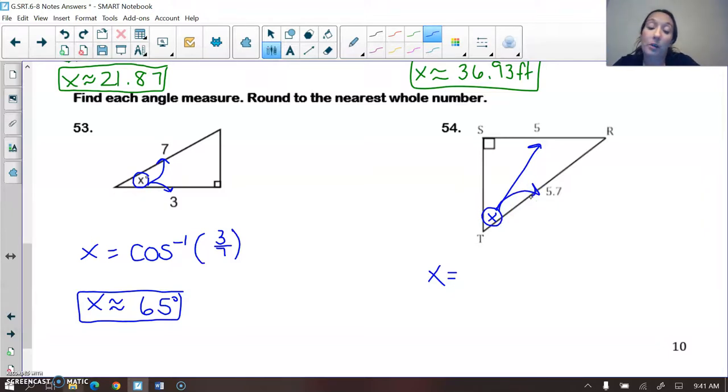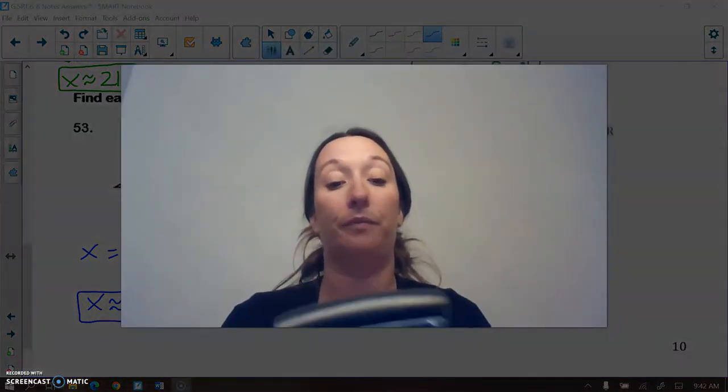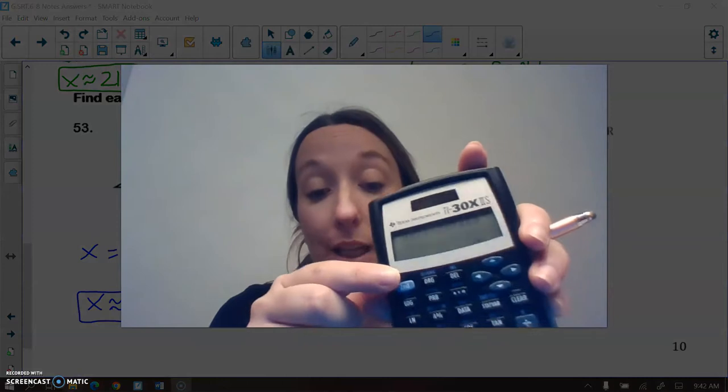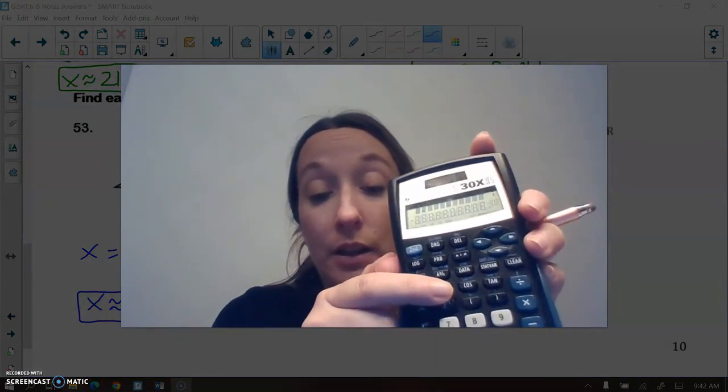Opposite over hypotenuse is sine, but if I'm finding an angle measure, I'm going to use the inverse of sine. And I'm going to use the ratio opposite over hypotenuse. I'm going to show you in my calculator how I'm going to type that in. I'm going to hit the second button, and I'm going to hit the sine button.